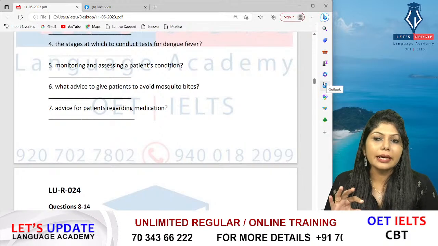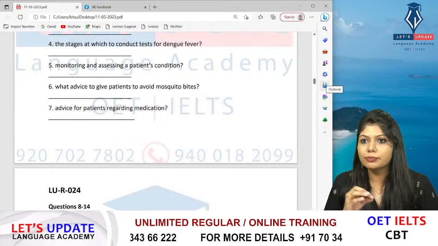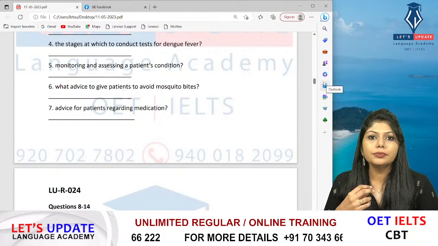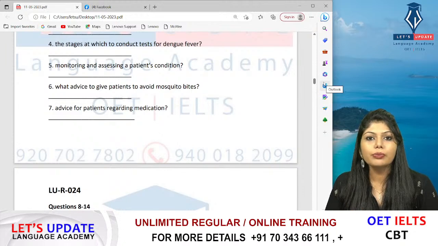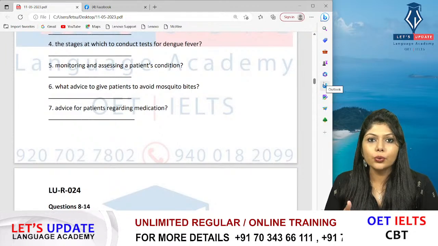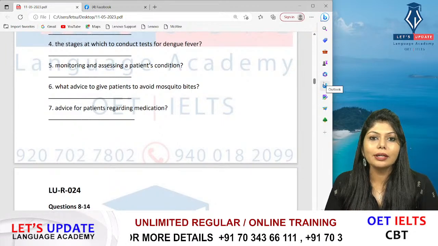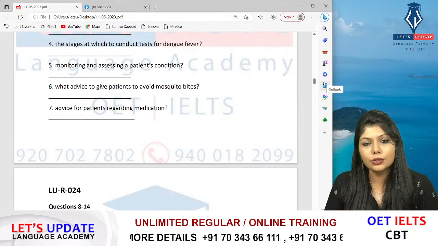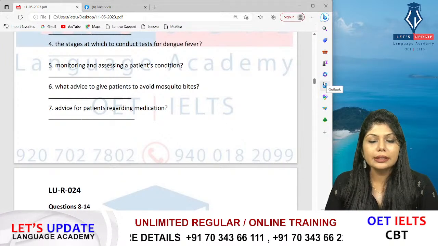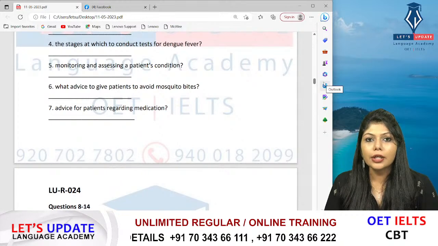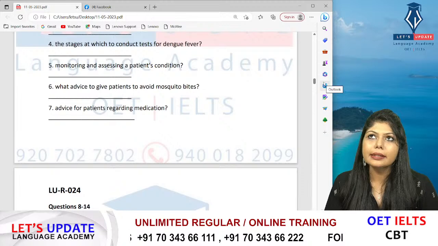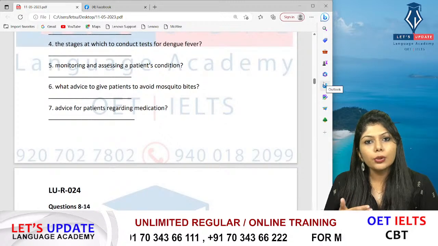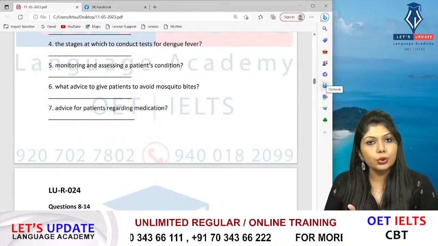So just identify this information. You can underline, circle, or write it down. If there are no headings and you cannot find the words, you can just write down the information required to identify where each piece of information is. And then after that, go to the next text.